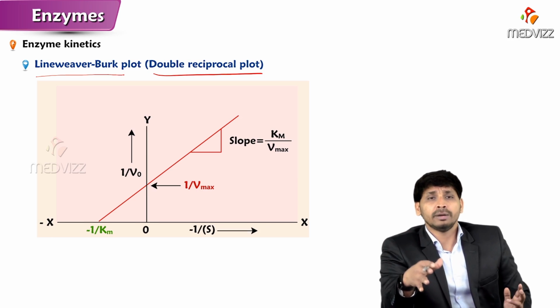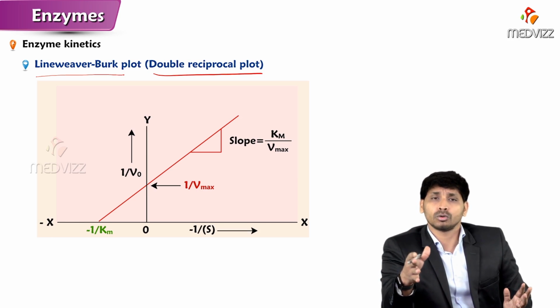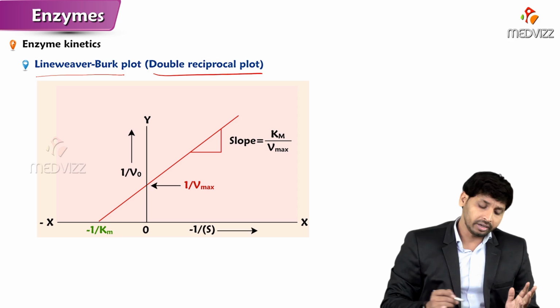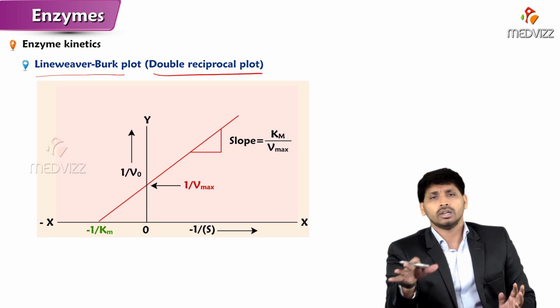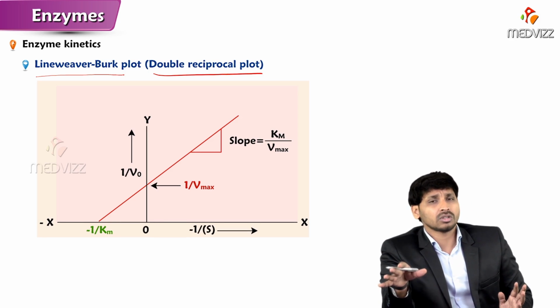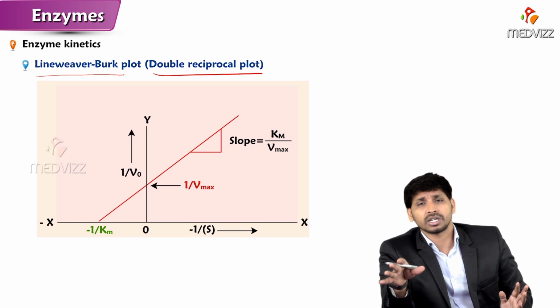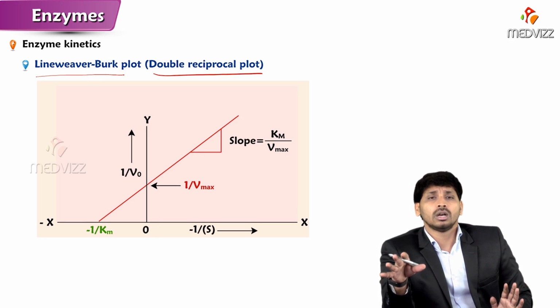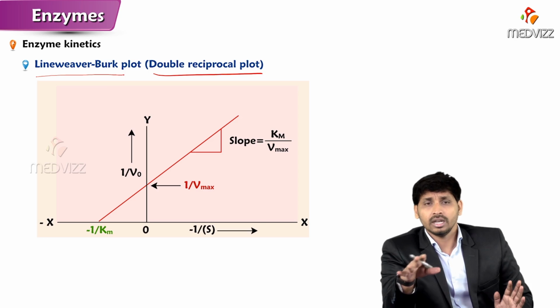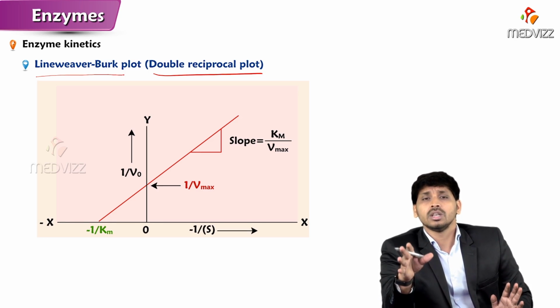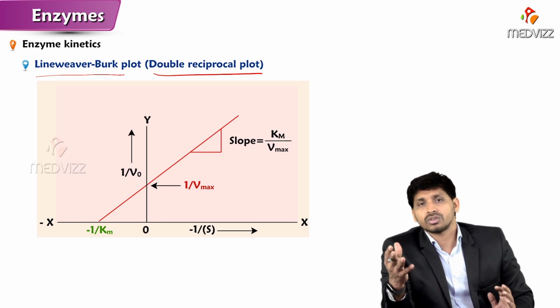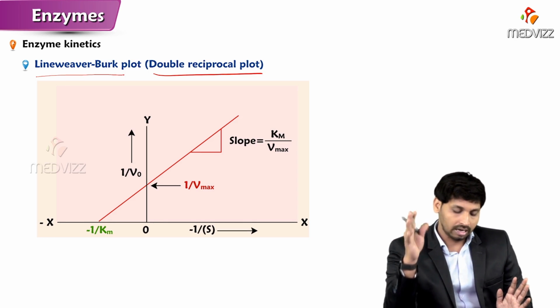To overcome these drawbacks there is the alternative Lineweaver-Burk plot, where even with half concentration of substrate we can easily make out the maximum velocity. The advantage of the Lineweaver-Burk plot is you can easily calculate Vmax instead of using a higher concentration of substrate in the graph.